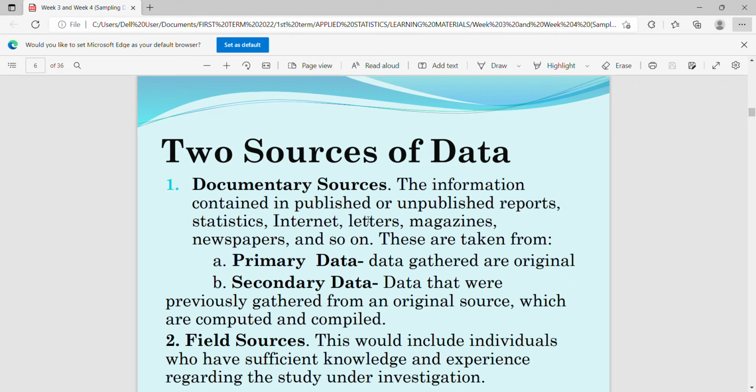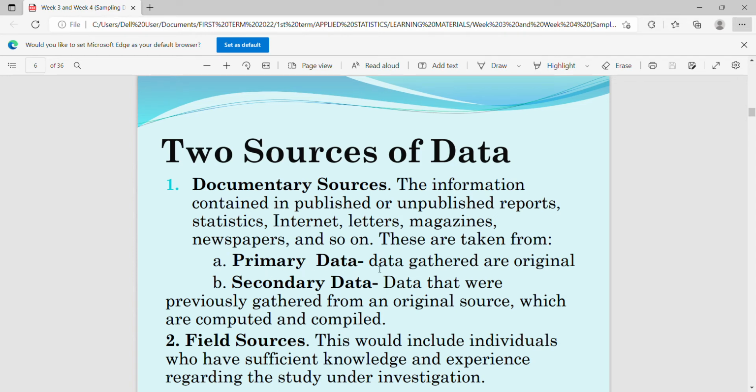When we say documentary sources, the information contained in published or unpublished reports, statistics, internet, letters, magazine, newspaper, and so on. These are taken from the primary data and secondary data. So, what is primary data?